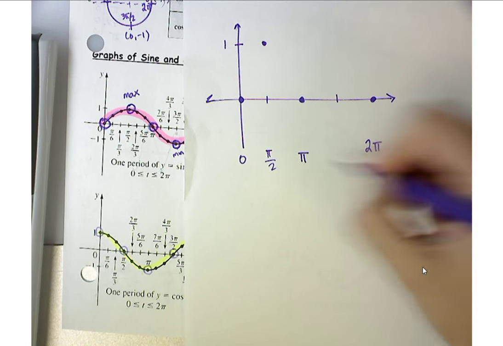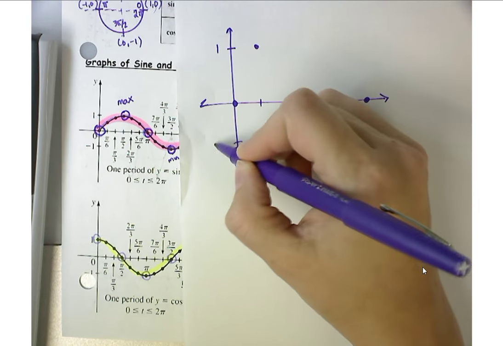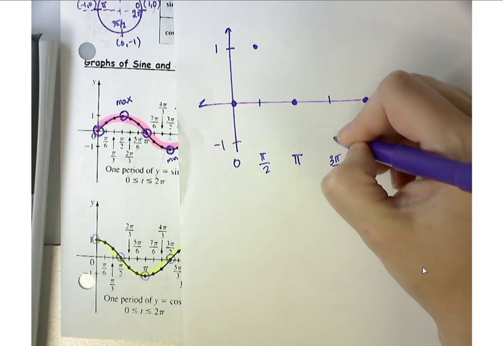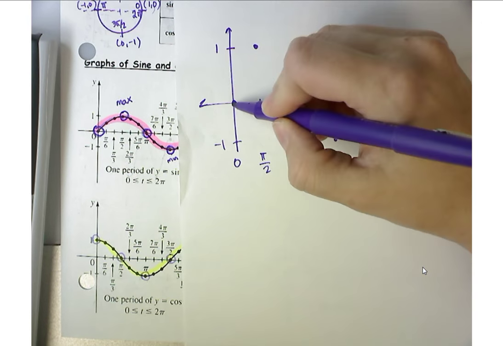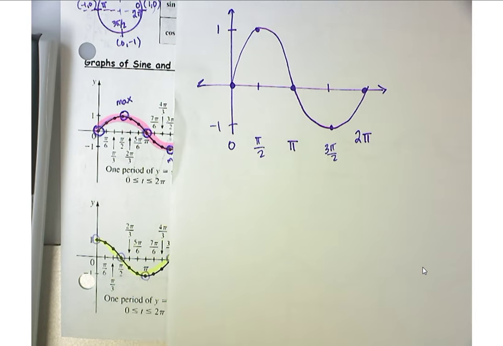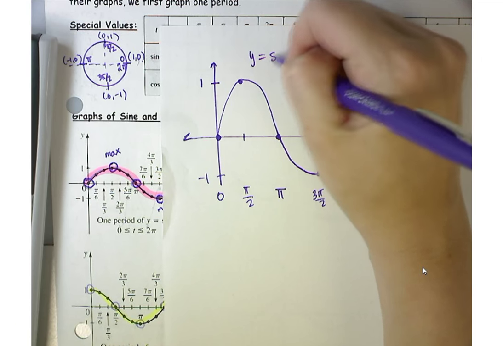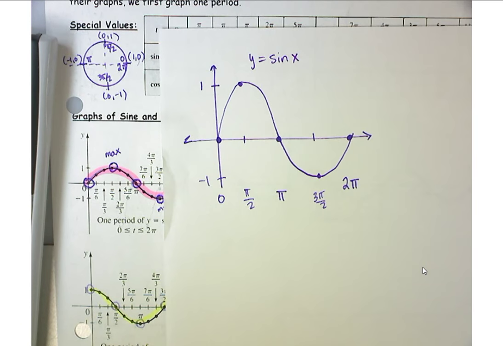Halfway in between pi and 2 pi is 3 pi over 2, and that's going to hit its minimum value. And sorry, because I think my maximum looks higher than my minimum. Okay, but this is going to be your general shape, and this is for the sine function. Okay, that's your general shape.